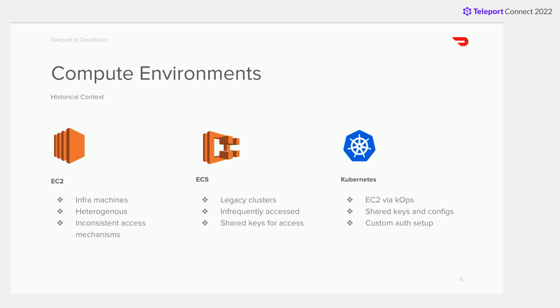So a little bit of context about our compute environments at DoorDash. So primarily EC2, ECS, and Kubernetes. On the EC2 side, apart from our Kubernetes nodes, a lot of our EC2 instances were infrastructure machines. So traffic related, service discovery, secrets management, kind of one-off services.